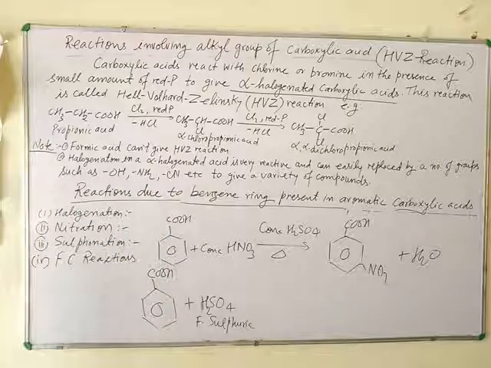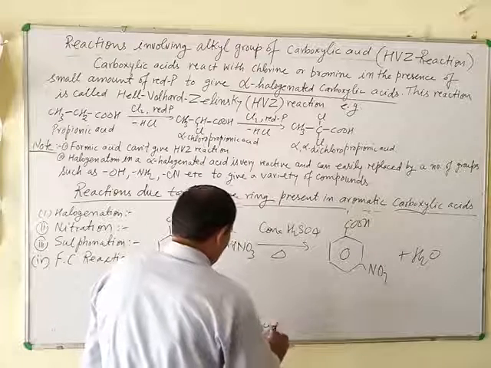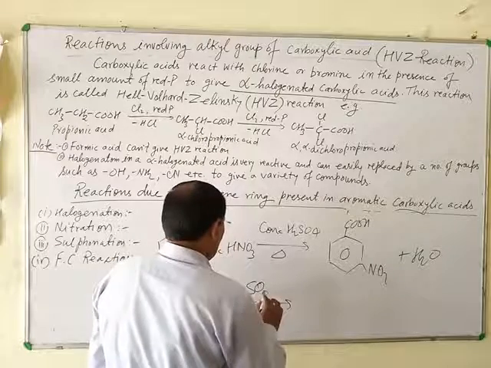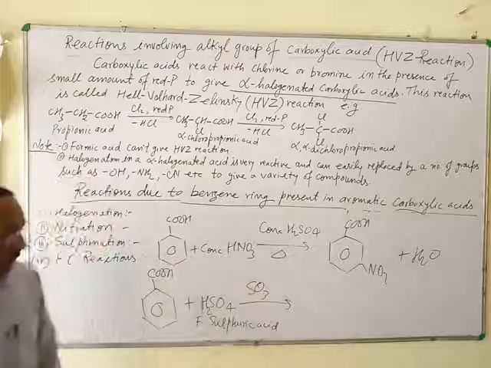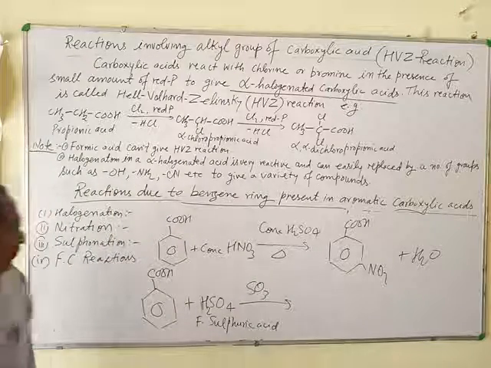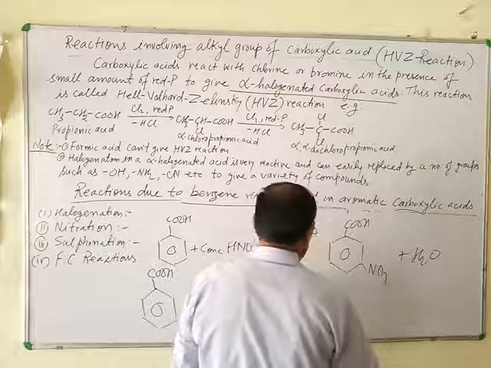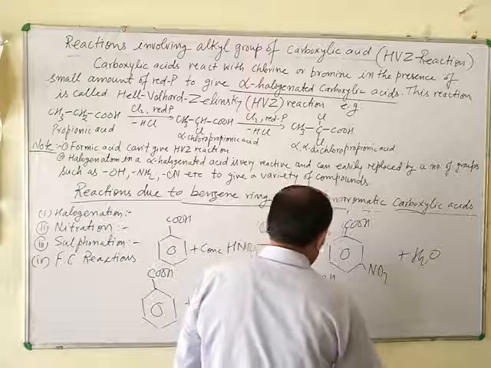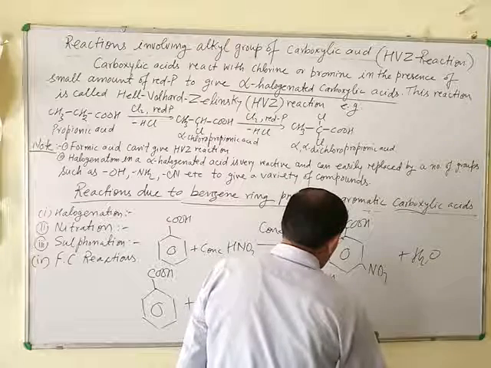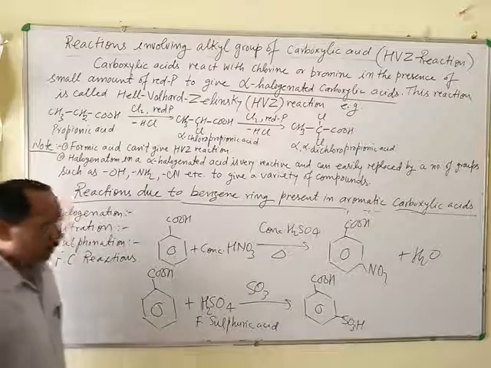Fuming sulfuric acid means sulfuric acid in excess of SO3. SO3 gas present in excess in sulfuric acid is called fuming sulfuric acid. In this case we get SO3H at meta position plus H2O.